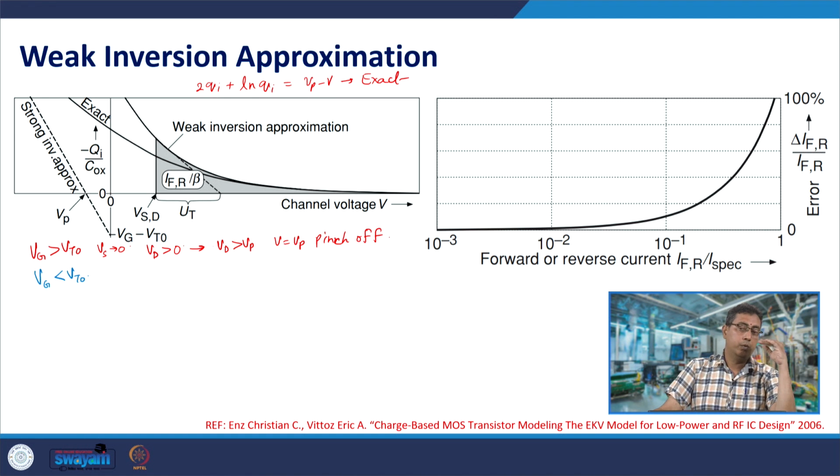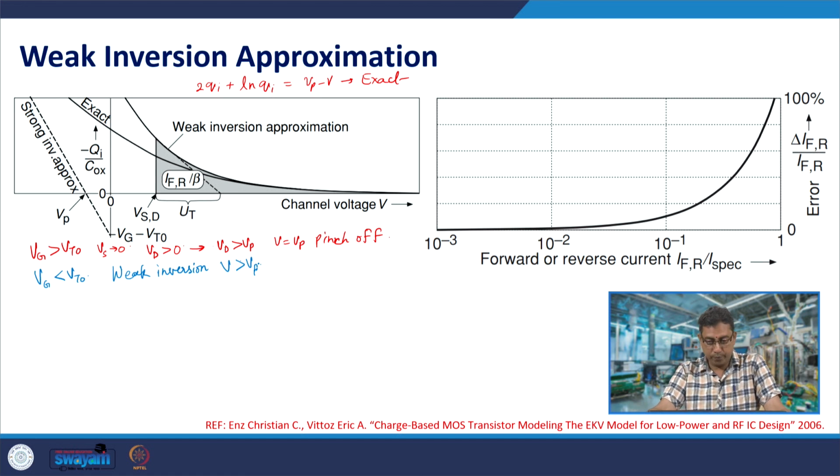That is, in weak inversion, local channel potential V is larger than Vp, and we know that local channel potential near the source is 0. Suppose Vs is 0. So, what does this imply? That Vp is negative, or in other words, your gate voltage is so small that the channel pinch off happens already for a 0 source voltage even near the source. So, the pinch off voltage Vp is negative.